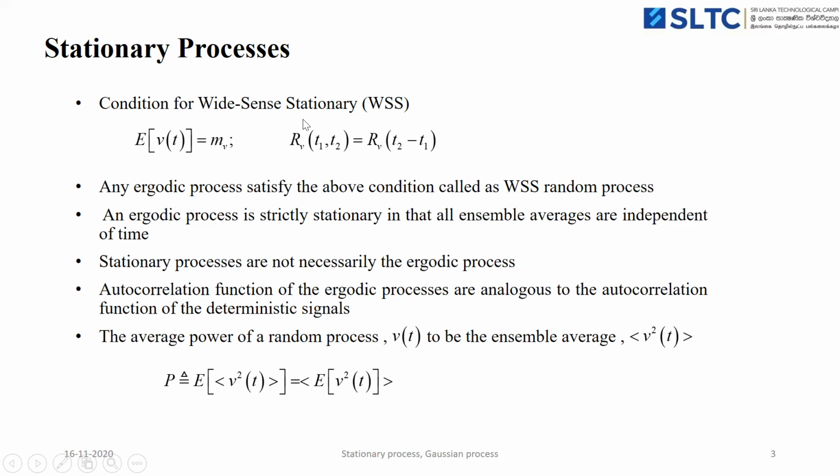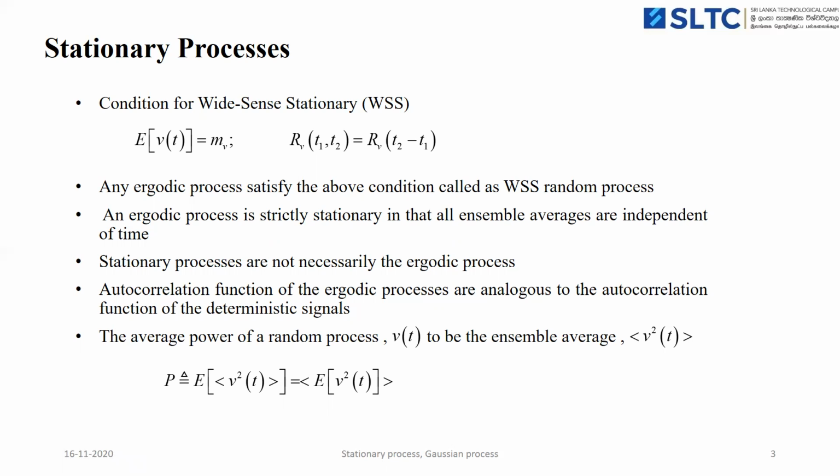Another type is the strictly stationary random process. For a strictly stationary random process, we need to check that the nth order joint distribution function with time shifting is equal to the nth order joint distribution function without time shifting.